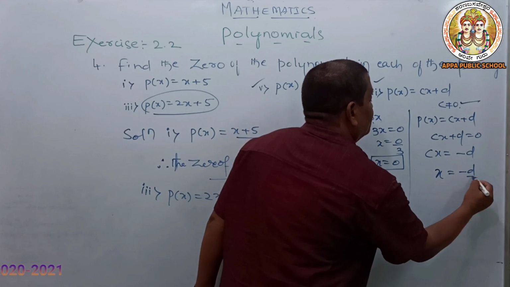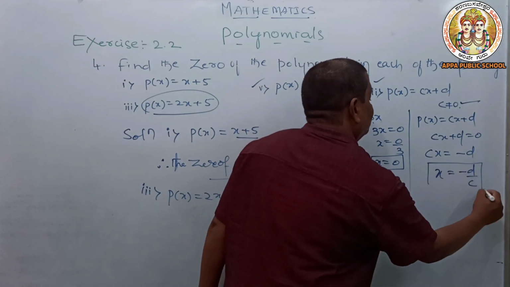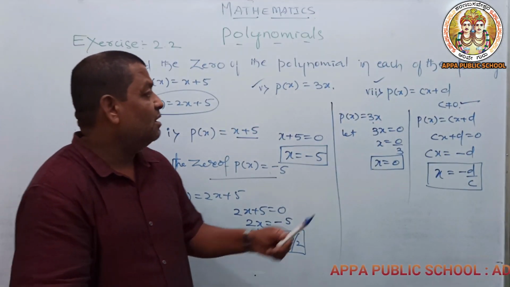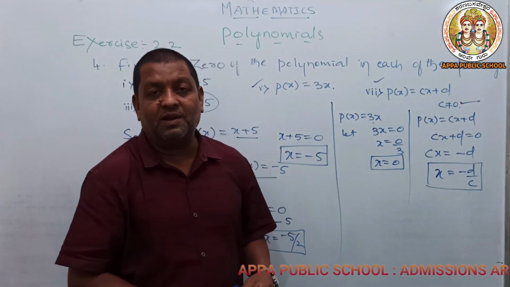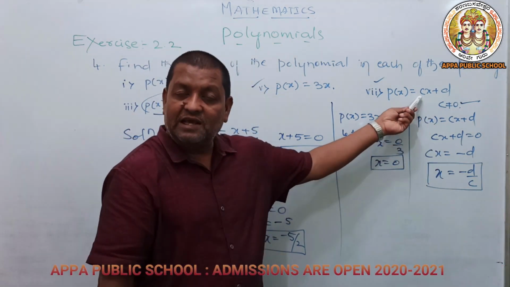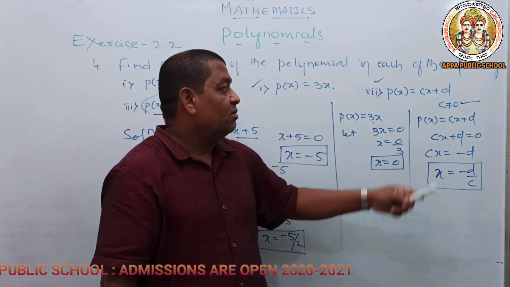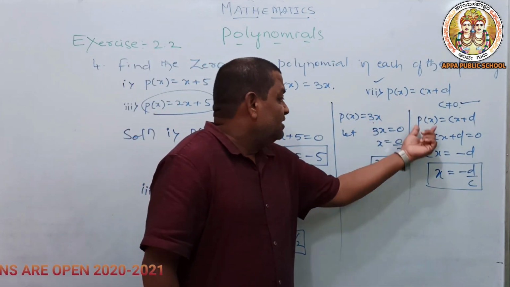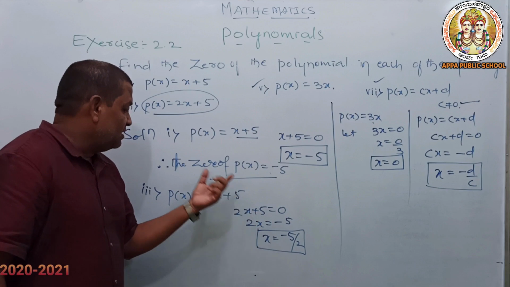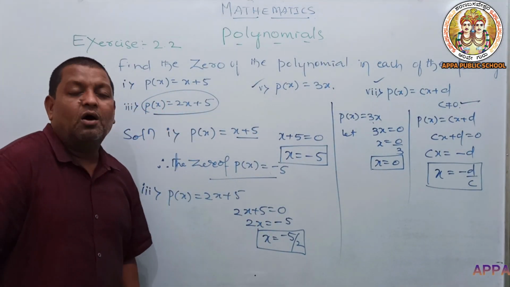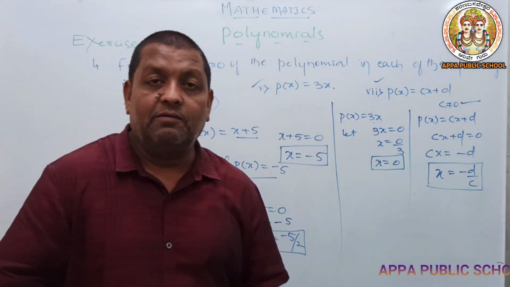Minus D by C. So this is the answer. That is the 0 of the polynomial P of x is equal to Cx plus D. Definitely if you substitute this in the given polynomial, we get 0. So in this way, through 4-5 sums, we understood how to find the 0 of a given polynomial.